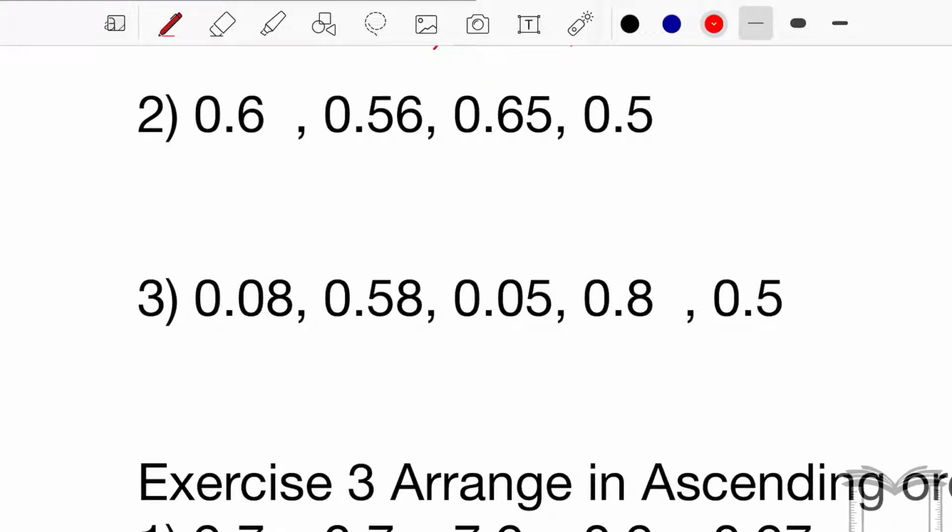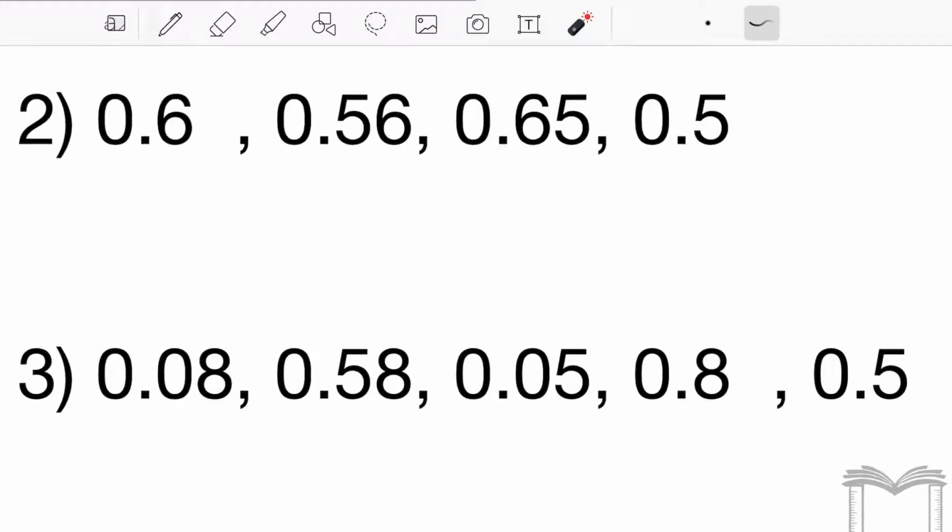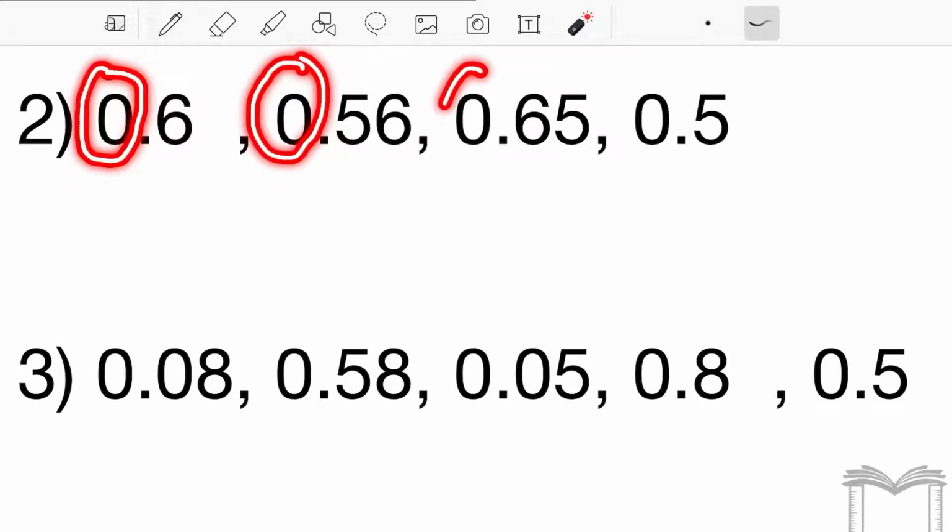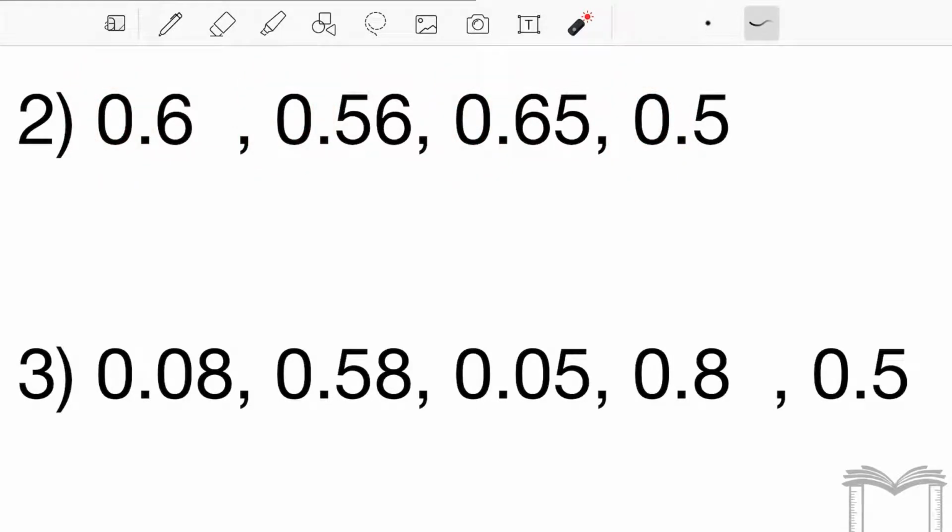Next, we have 4 digits again. We notice that all of them don't have any value for the whole numbers. So seeing that they have the same value, then we can ignore that 0 for now. So we will focus on the decimal fractions.